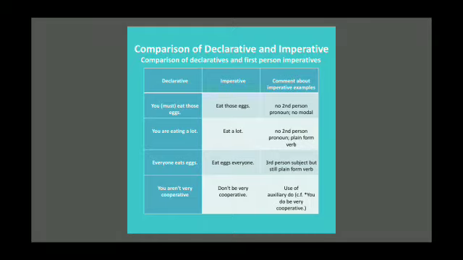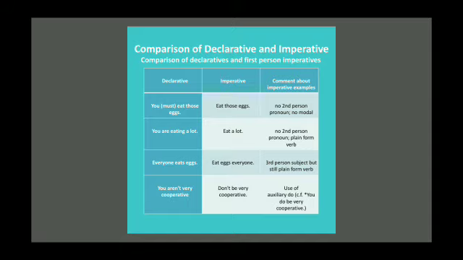Okay. And then comparison of declarative and imperative. Comparison of declarative and second person imperative, as you can see on the table, is an example between declarative and imperative. In declarative: you must eat this egg. In imperative, it should be: eat this egg, because of omission of the second person. And then: you are eating a lot. In imperative it should be: eat a lot.